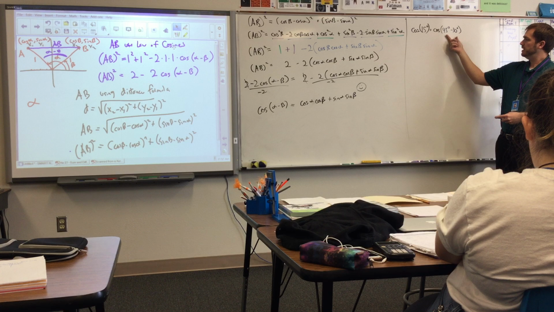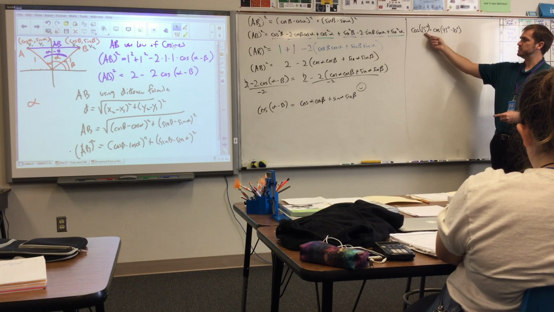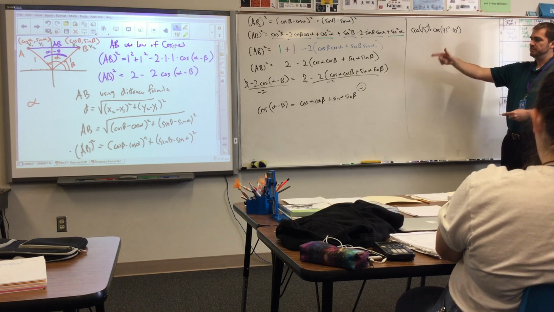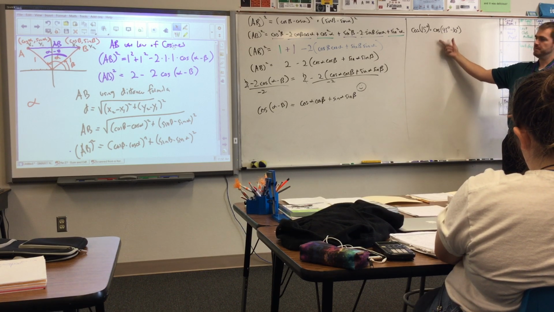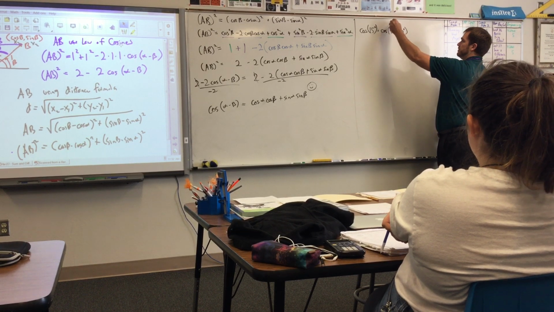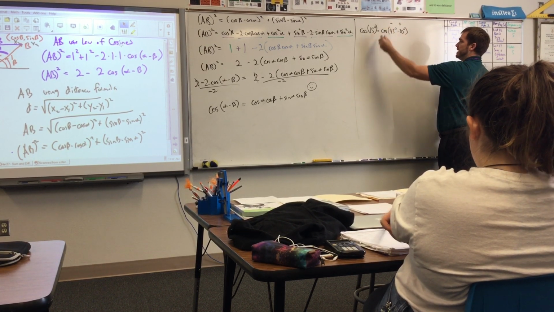All right. So now I've got that 15 degrees rewritten as a way that fits this new formula, where 45 is my alpha and 30 is my beta.